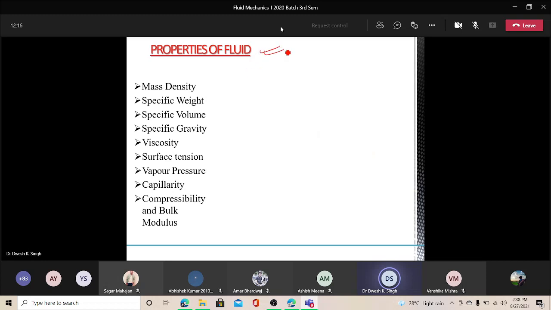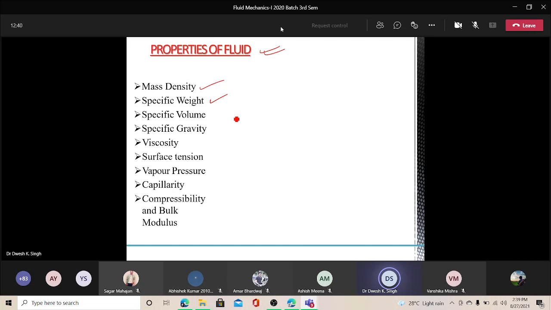The properties of the fluid. What are the different properties which play a significant role in fluid? The first is the mass density. Then comes the specific weight, then the specific volume, then specific gravity.